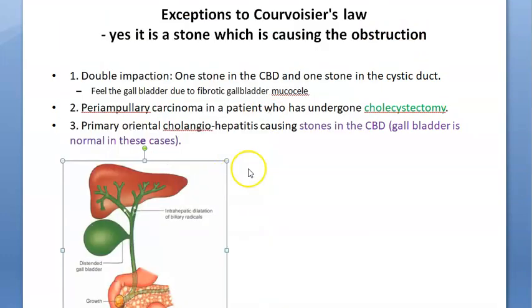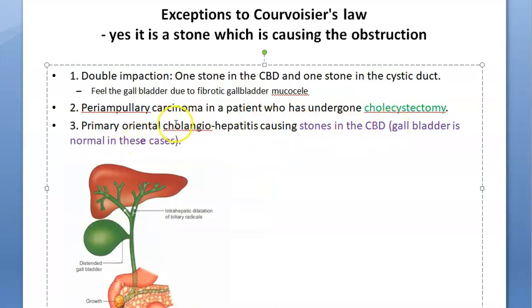That's an exception. Okay. Similarly, in cholangiohepatitis, also the gallbladder will be normal. So you can feel it, but the stone will be there in the common bile duct. Okay. So that's what they are trying to say. One more condition they are saying is cholecystectomy is done and this person has a periampullary carcinoma.